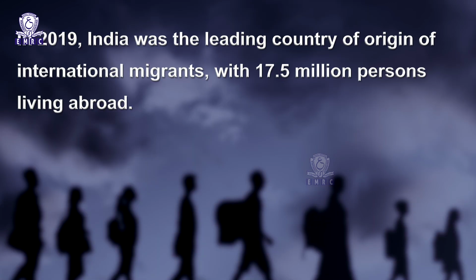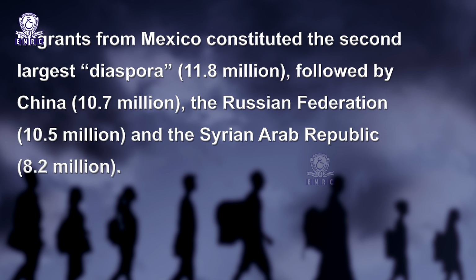In 2019, India was the leading country of origin of international migrants, with 17.5 million persons living abroad. Migrants from Mexico constituted the second largest diaspora with 11.8 million, followed by China with 10.7 million, the Russian Federation with 10.5 million and the Syrian Arab Republic with 8.2 million.